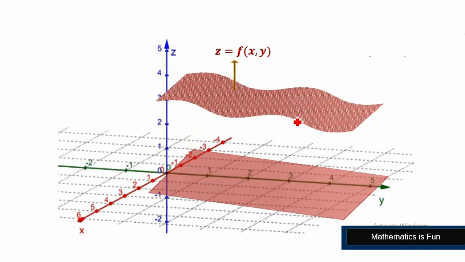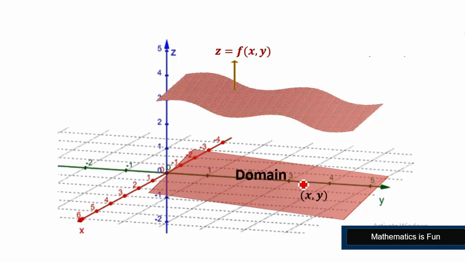So all the points in this xy plane under this surface is the domain of this specific function f, and all the points on this shadow that is in the form of ordered pair is the domain of this function.